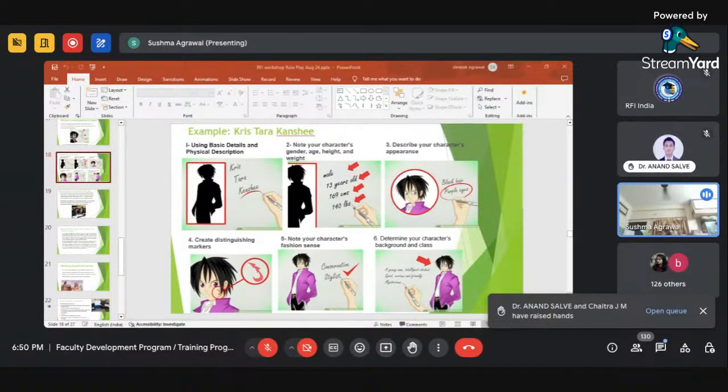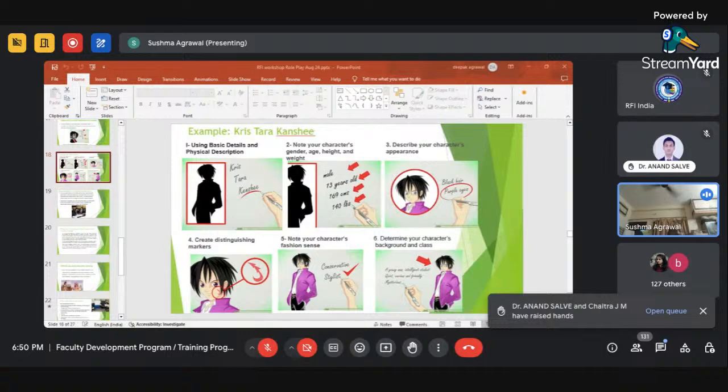So simply by looking at the image, we can have an imagination about it. You can add some additional things to these characters, just like they have included a distinguishing mark on the face of this character. So it can be somewhat eye-catching for the audience.